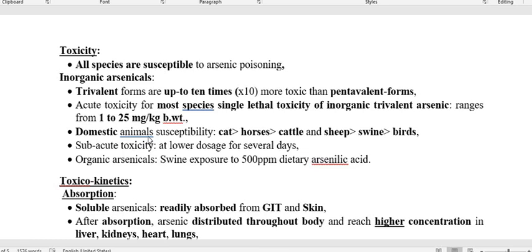If you compare the range of susceptibility, the cat is the most susceptible. If you compare the trivalent and the pentavalent forms, the trivalent form is more toxic. The single lethal dose of inorganic trivalent arsenic is about 1 to 25 mg per kg body weight. So this is all about the toxicity.